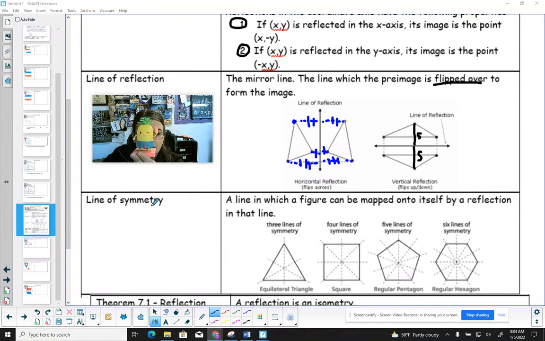If I cut him in half this way, notice that this arm curves up and this arm curves down. So if I look right down the center, it's not the same image on both sides. We wouldn't call him symmetrical. If both of his arms flipped up, and he had a cup in his hand too, then he would be symmetrical because down the center, it's the exact same thing on both sides.